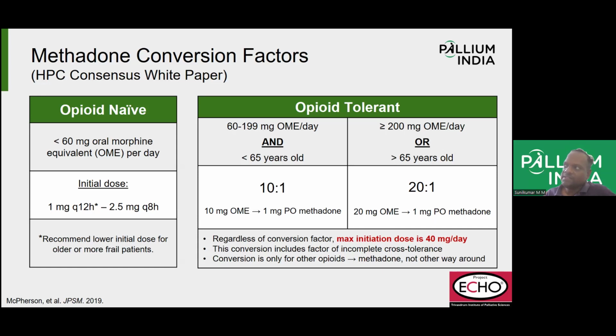Whereas methadone might cost almost the same, about 5 rupees. Tapentadol will be almost the same as tramadol. Buprenorphine and fentanyl will be 100 times costlier than morphine.